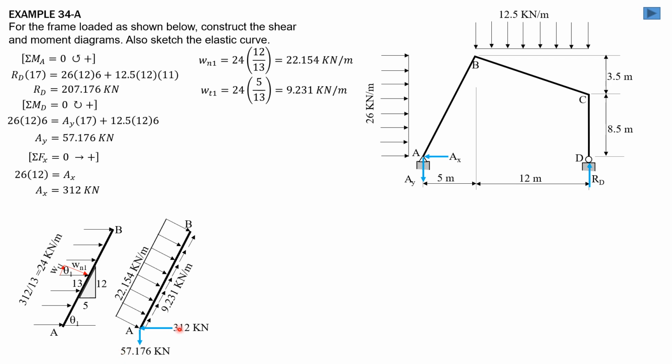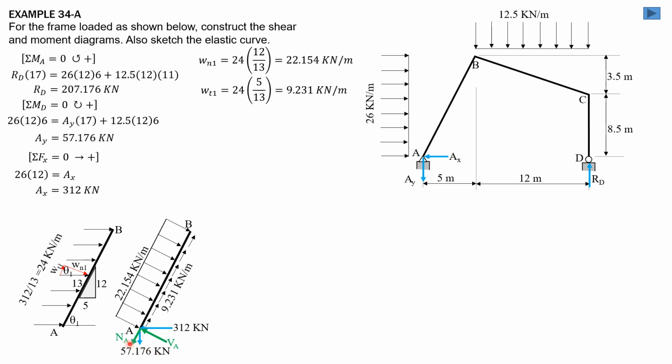Then this component reaction should be resolved into shear, or force perpendicular to AB, and force parallel to AB. I'll call that shear VA and normal NA. From the figure, VA is 312 times sine of theta 1, or 312 times 12 over 13, in that direction, while 57.176 is in the opposite direction.